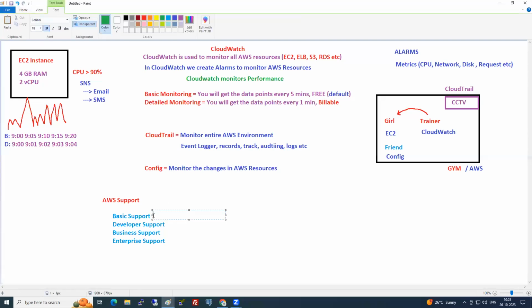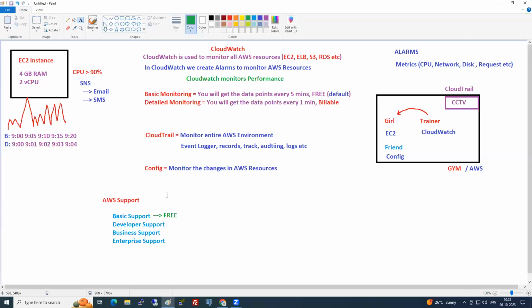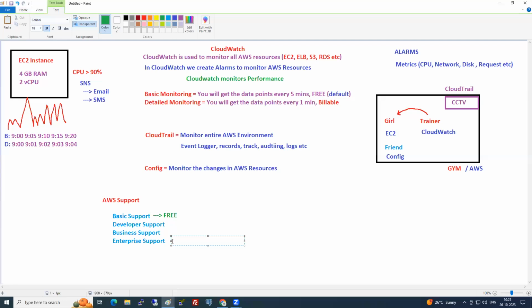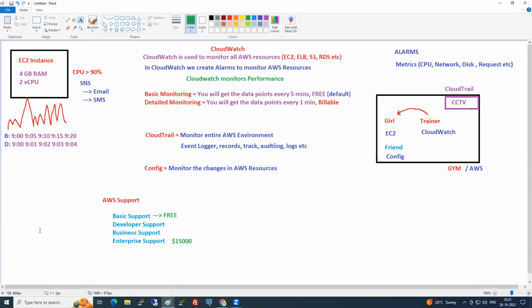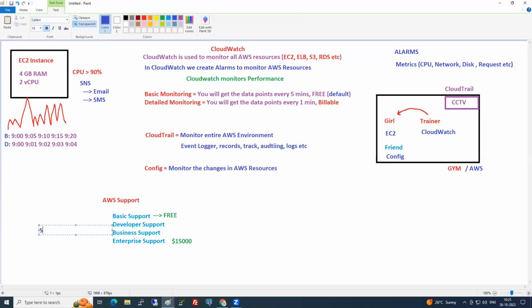Basic you need to take because this one is free. If you selected enterprise support, you know how much you need to pay? $15,000 per month. So the main difference between all these is the SLA.